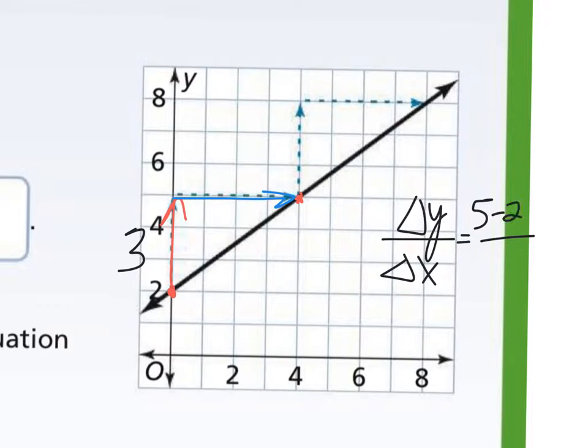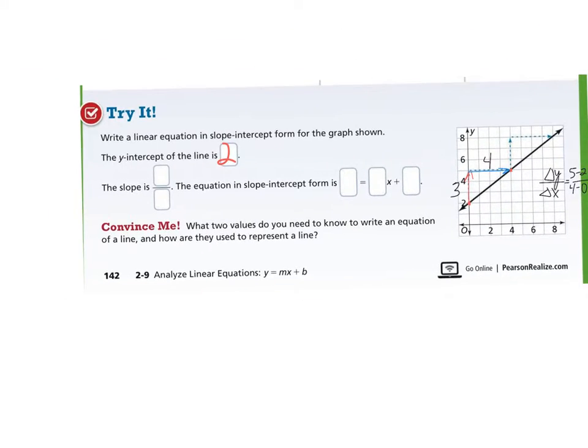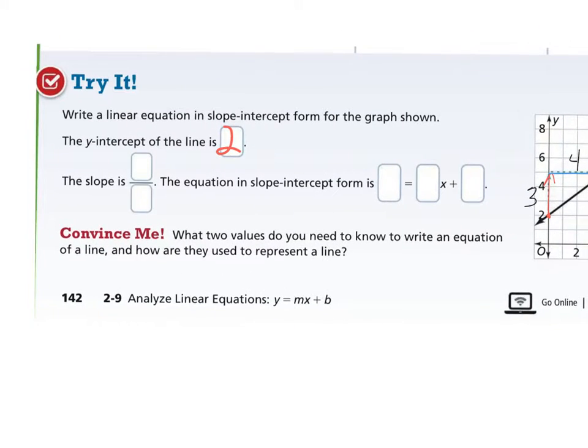Again, if you want to subtract 5 minus 2, you can. And then the change in x, we're going from 0 to 4, so that would be a change of 4. So up 3 and over 4, that means our slope is 3/4. So the slope is 3/4, and the y-intercept is 2.